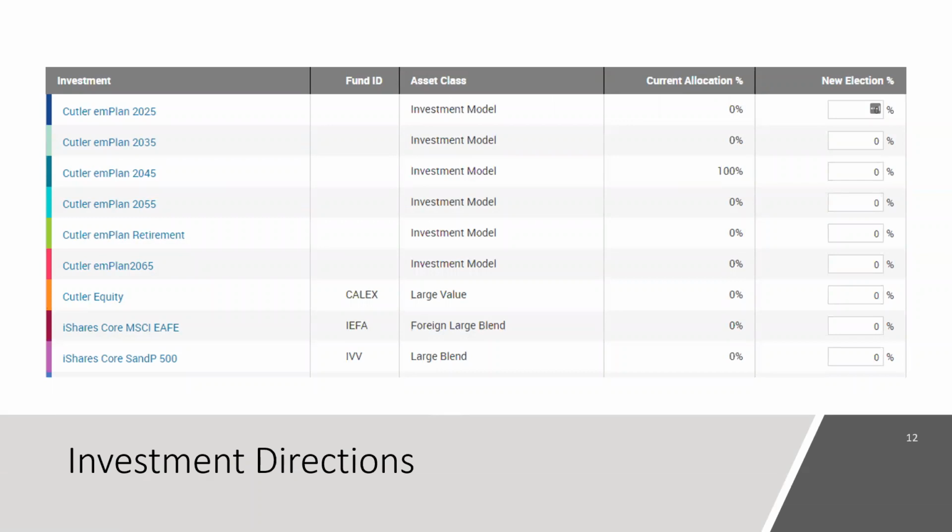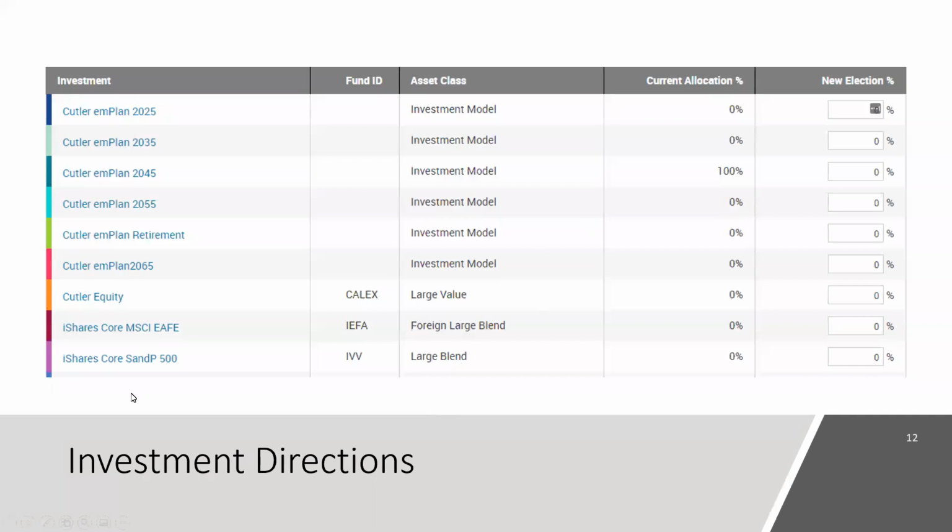Yeah, of course. Perfect. So obviously the target 2025 and the target 2055, those years represent the year you plan on retiring. For example, 2025 is 5 years from now. The closer you get to retirement, the more conservative it's going to be. The further from retirement, the more aggressive it's going to be. That's just a general explanation of them.